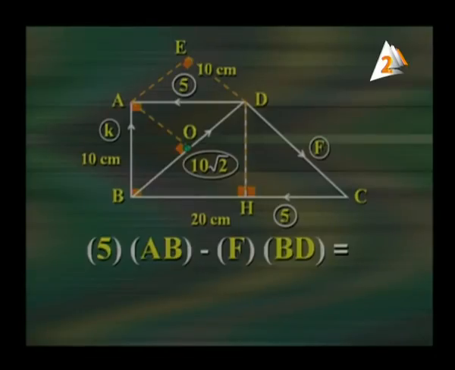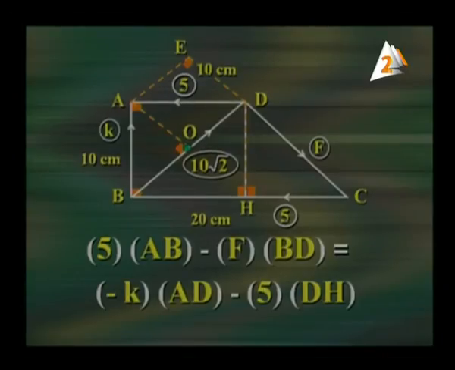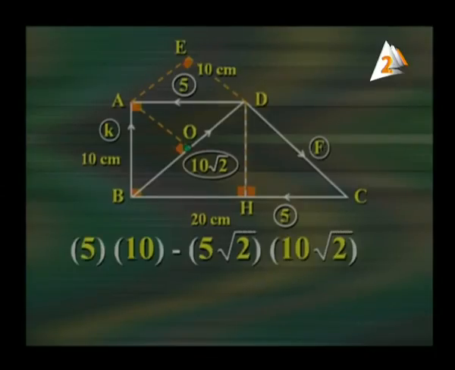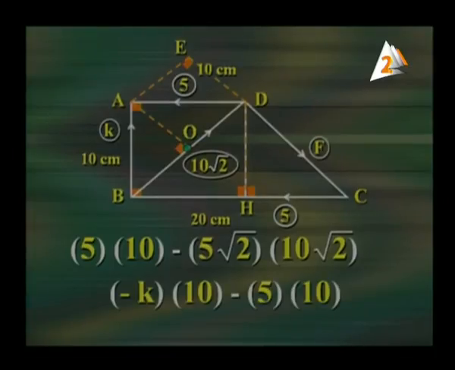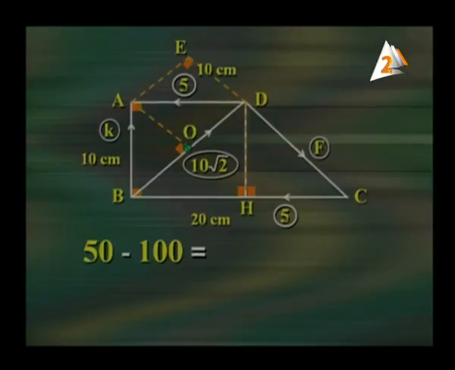So 5 times 10 minus 5 root 2 times 10 root 2 equals minus K times 10 minus 5 times 10, or 50 minus 100 equals minus 10K minus 50. 10K equals minus 50 plus 100, which is equal to 0. So we say K equals 0.